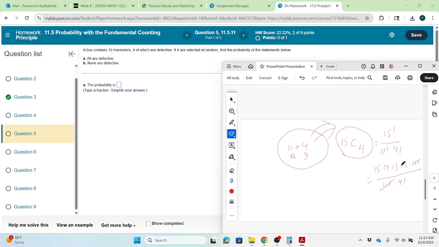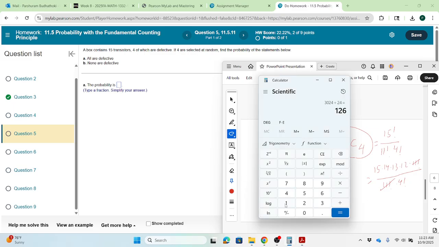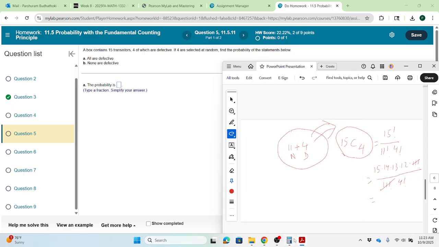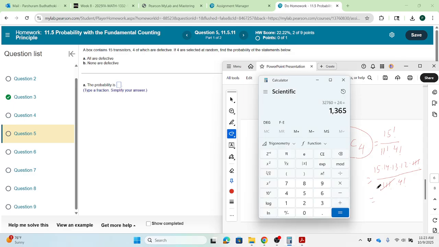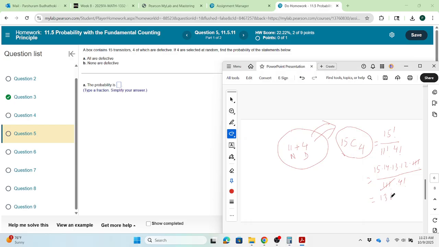So if you just multiply 15 times 14 times 13 times 12 and then divide by 4 factorial, which is 24, that's the total possible ways to choose 4 transistors out of 15, which is 1365.